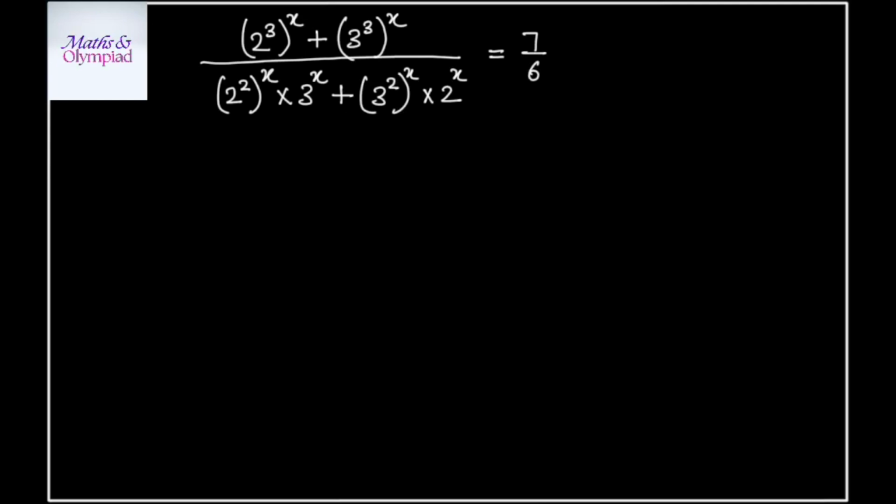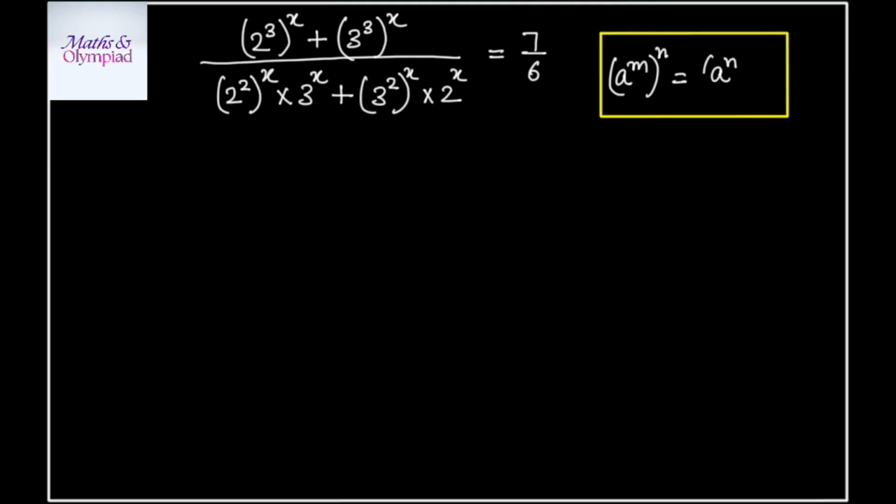Now I will use another exponential property which says (a^m)^n is equal to (a^n)^m. Here we have interchanged the exponents.